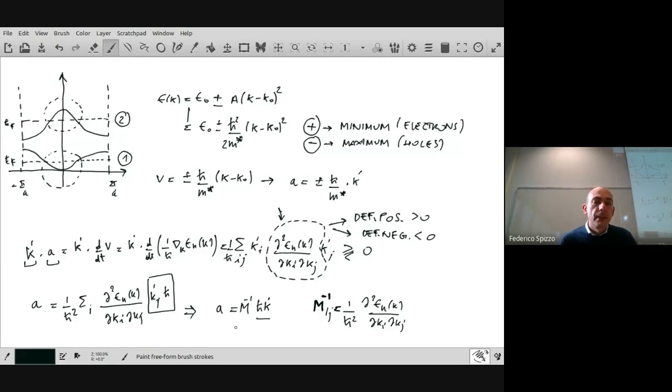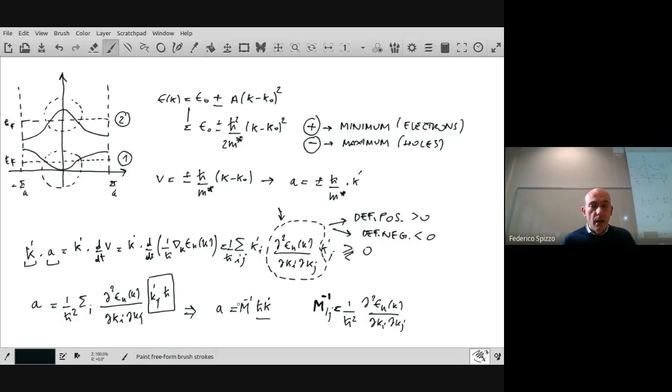Differently, if the effect of the ionic field is negligible, then the effective mass tensor is equal to the actual value of the mass of the electron. So the effect of the ionic field disappears, and you have just a free electron.